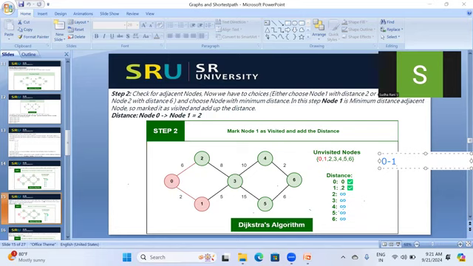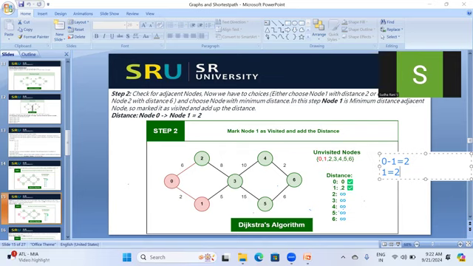What will be the edge value from node 0 to 1? It is 2. So the value of 1 is equal to 2. Why? Because we have only one possibility to traverse from 0 to 1, so by default I take the value as 2 for node 1.